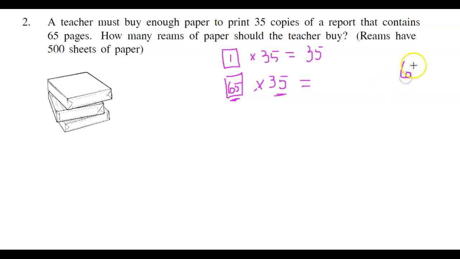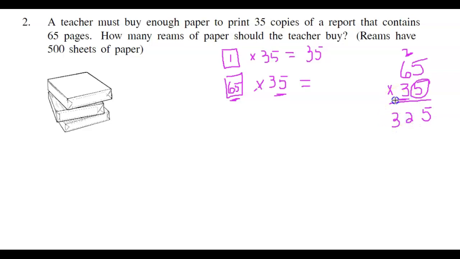This is the part I really want you to do with me because it will refresh your memory about multi-digit multiplication. Okay, so I've set this up, and if you recall, we start with just one digit at a time. So I'm going to do 5 times 5, which is 25, and I carry the 2. 5 times 6 is 30, plus that 2 that I carried over is 32.